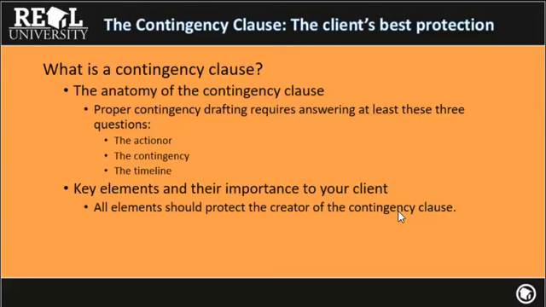So, the anatomy of a contingency clause. A properly drafted contingency clause contains at least 3 questions. So when you're writing a contingency clause, you need to think about 3 different things. One is the action, or who's the one doing the action? Is it the seller doing the action? Is it the buyer doing the action? You have to actually list what's the contingency.